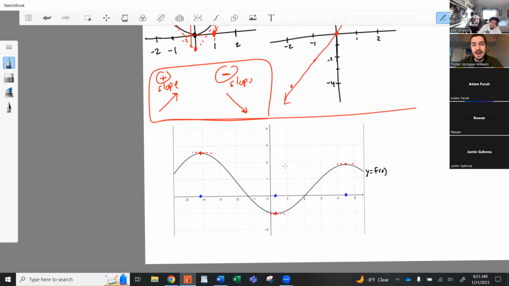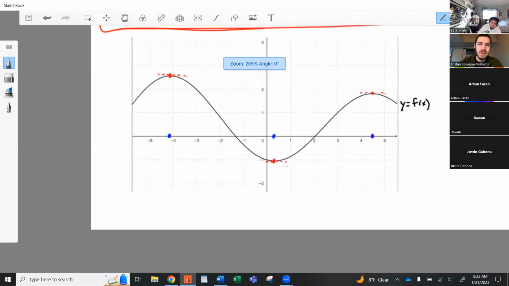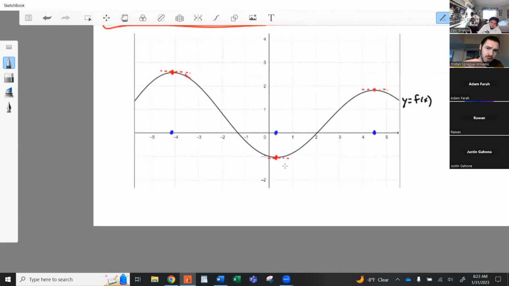And so you can pay attention to where it's going to go. You can see that the slope values here are all going to be negative, right? So on this interval of the graph, in this x interval between these 2 points, the derivative graph is going to be somewhere down here. Right? It's going to be negative because of the fact that all these slopes are negative. Does that make sense?